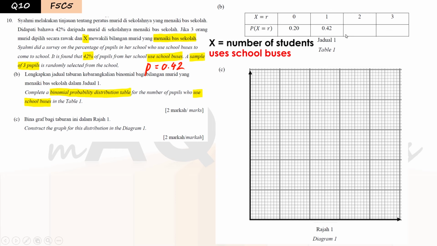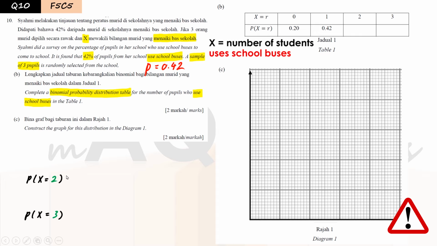Here we have already found the probability where among 3 pupils, none of the pupils use the school bus, which is 0.2, and among 3 pupils, only 1 student uses a school bus, which is 0.42. So now we need to figure out the probability where 2 students use the school bus and 3 students use the school bus. So how do we find the probabilities here?